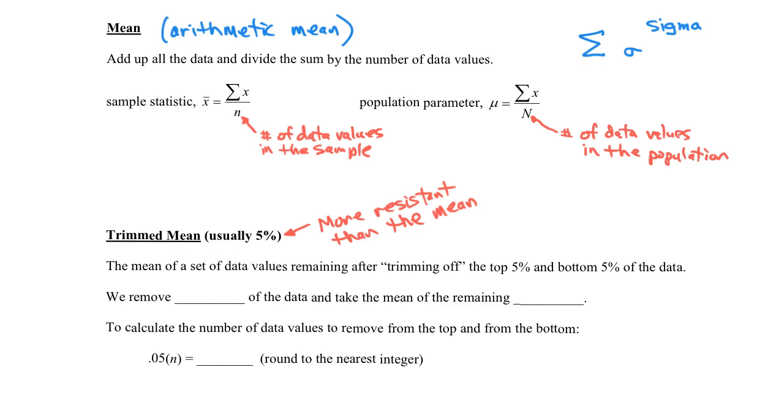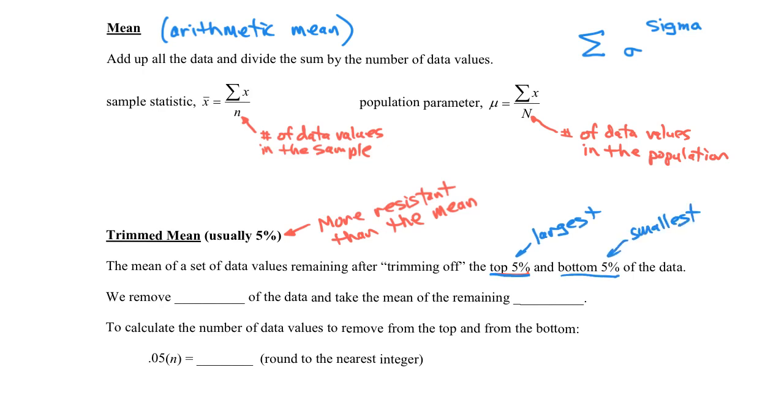So the trimmed mean is the mean of the set of data values remaining after trimming off the top 5% and bottom 5% of the data. When they say top 5%, they're talking about the largest 5%. And the bottom 5% are the smallest 5%.